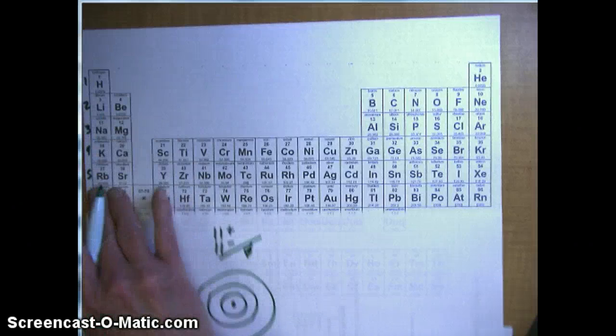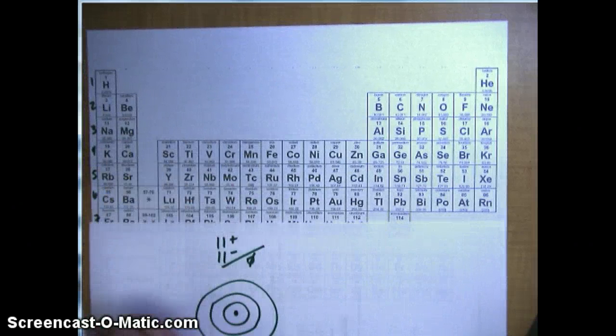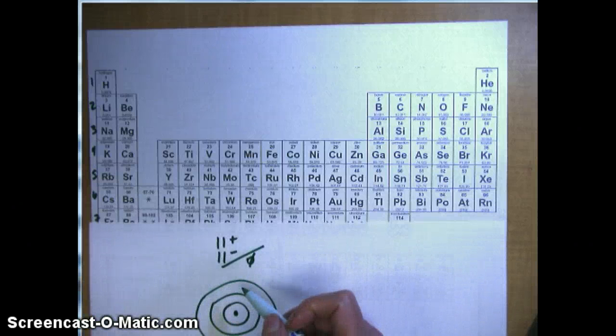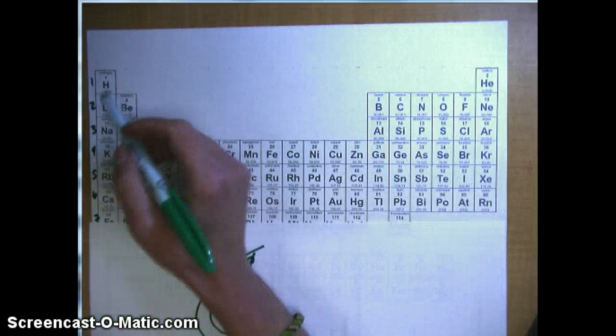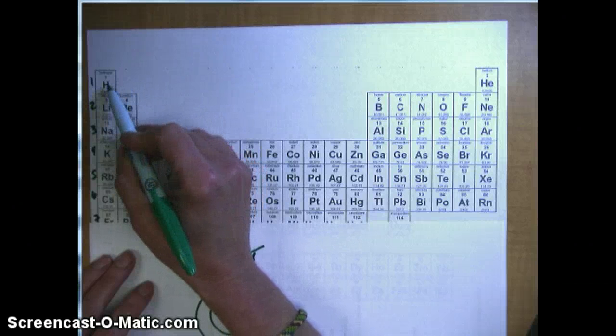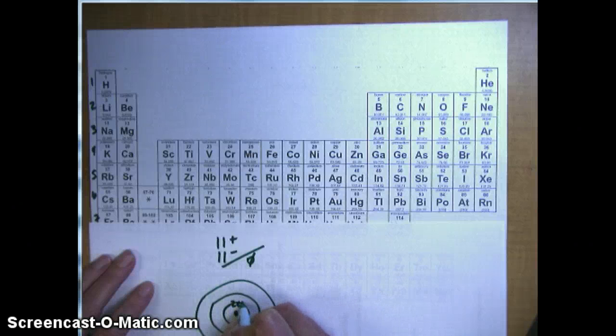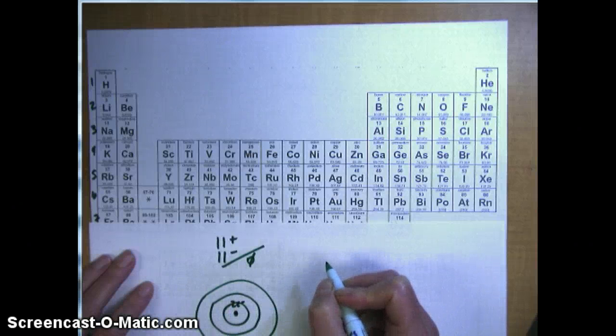Now the first 2 families, the alkali metals and alkaline earth metals, compose the S block. So n equals 1 is just going to have the S subshell, and there's going to be 2 electrons in those, in n equals 1.